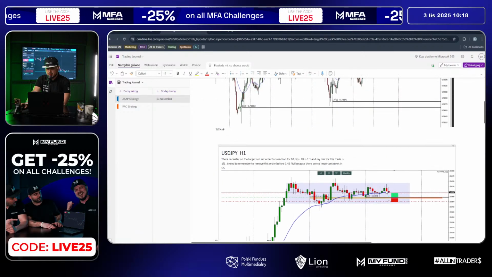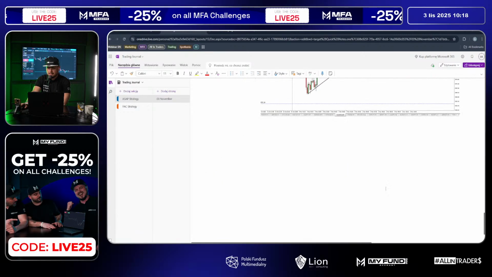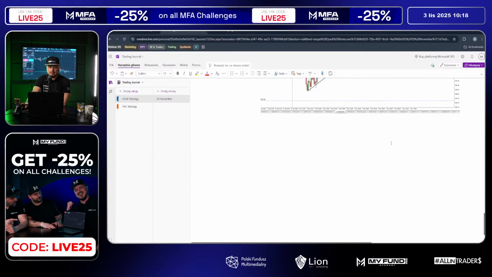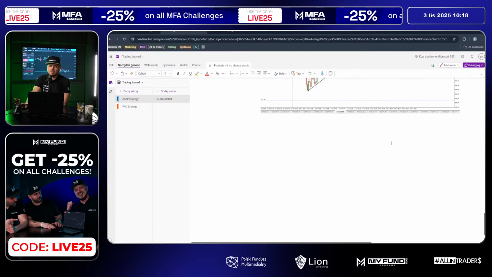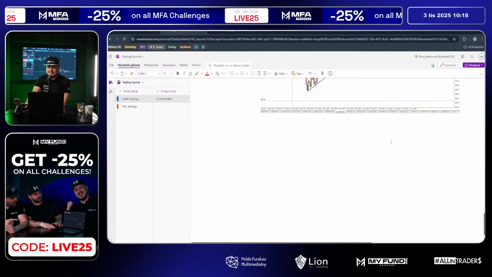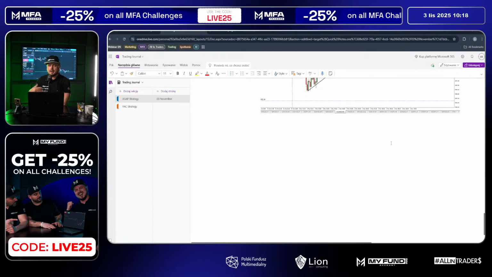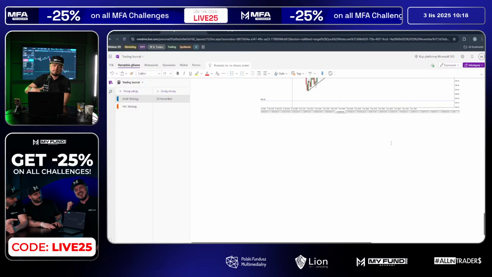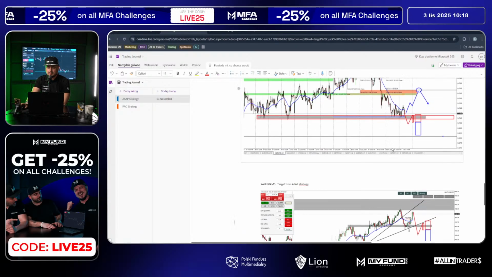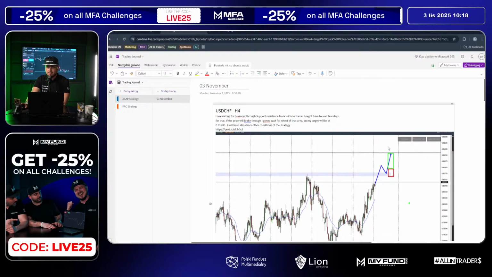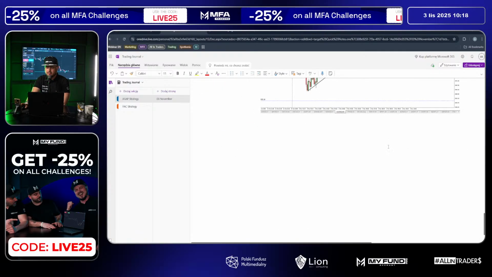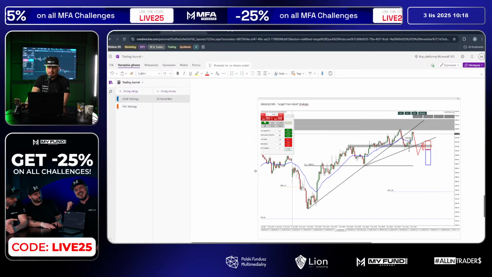USD CHF, but maybe later on this week. I will place a trade. If I place a trade, I will post it on our Discord channel so you can see the trade is open, and we're going to check if we get profit or maybe stop loss. Hopefully, you're going to get profit because that's why we want to open the trade, of course, not stop loss. But anything can happen.